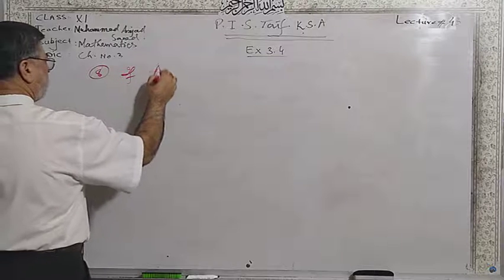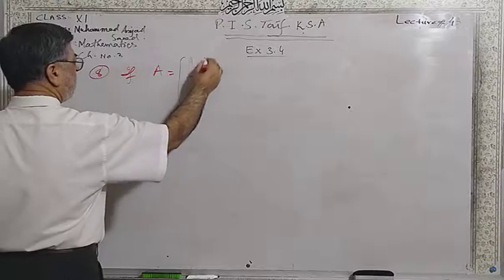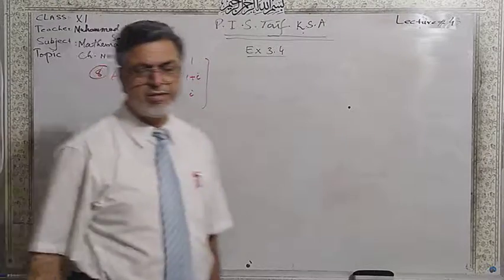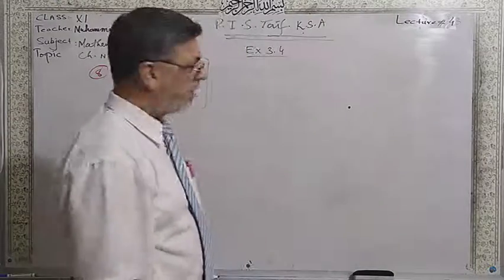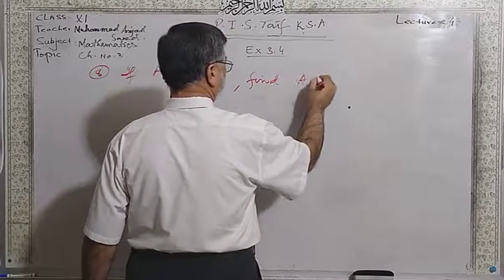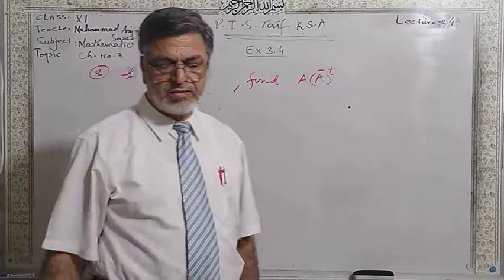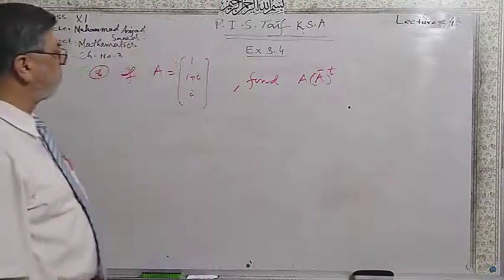If A is equal to 1 plus iota, find A bar transpose. Find A into A bar transpose.